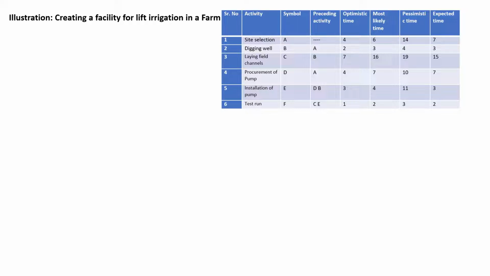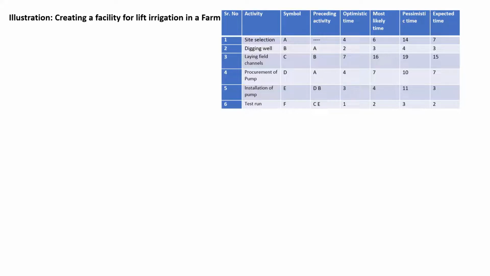Expected time for digging well comes to 3 days. Laying field channels, expected time comes to 15 days. Then procurement of pump, expected time comes to 7 days. Installation of pump, expected time comes to 3 days, and test run, expected time comes to 2 days.